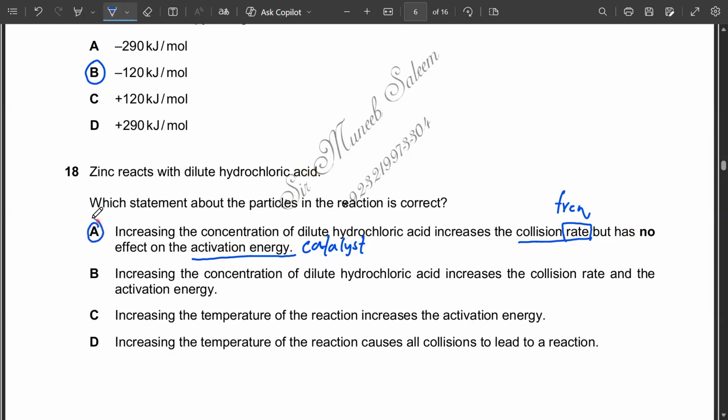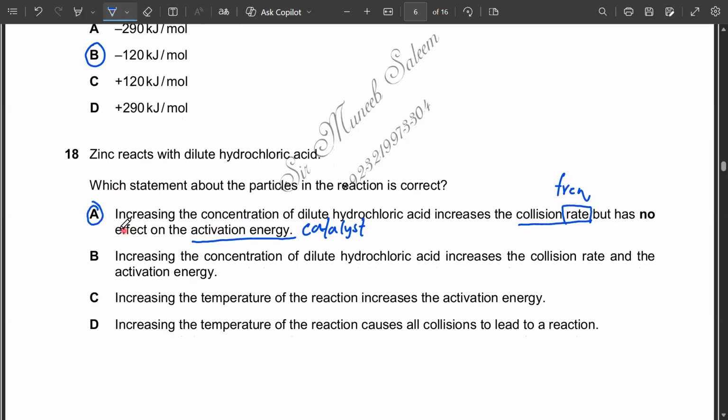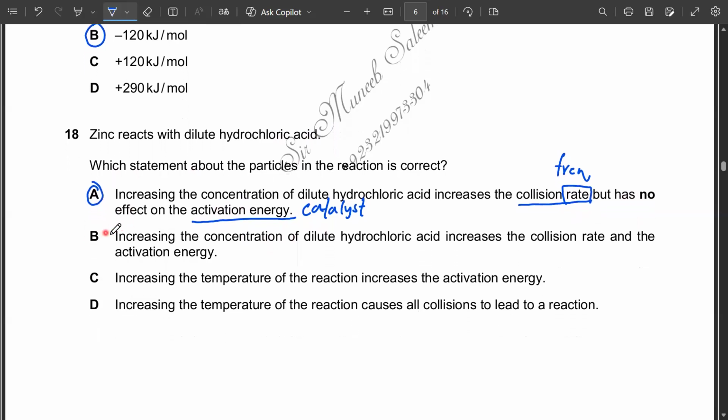So A is the correct option. But even then, we validate the other three options. B says increasing the concentration of dilute hydrochloric acid increases the collision rate. So this is correct. And the activation energy, that is wrong. It does not change the activation energy at all, neither increase nor decrease.